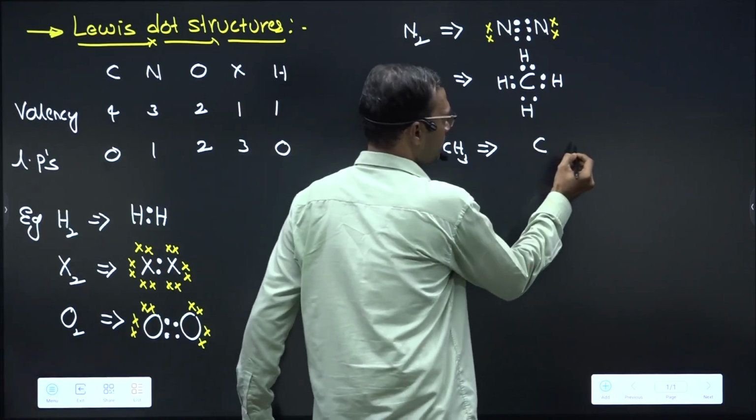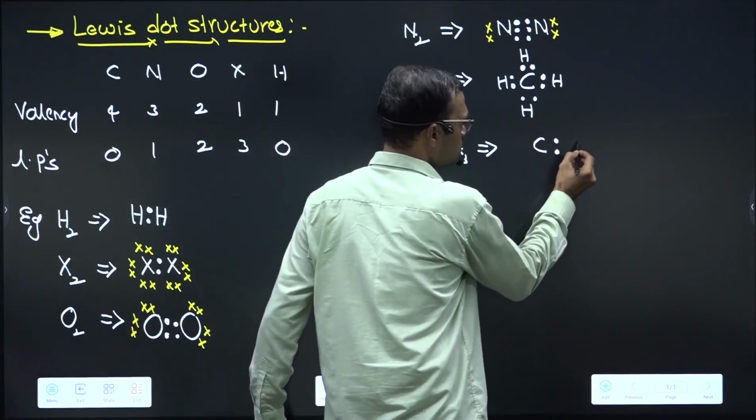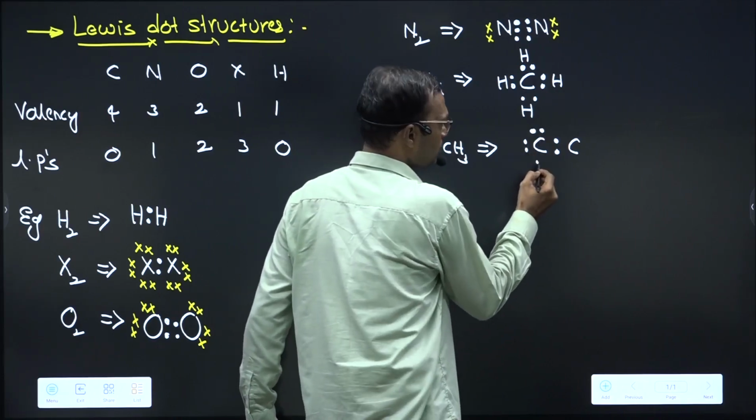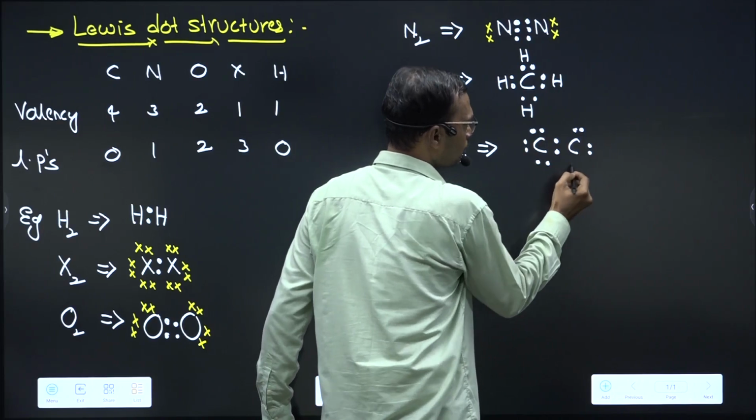How to write first carbon? How many electrons between two carbons? 2. Then here 2 electrons with hydrogen, 2 electrons hydrogen, 2, 2, 2 and this is 2.